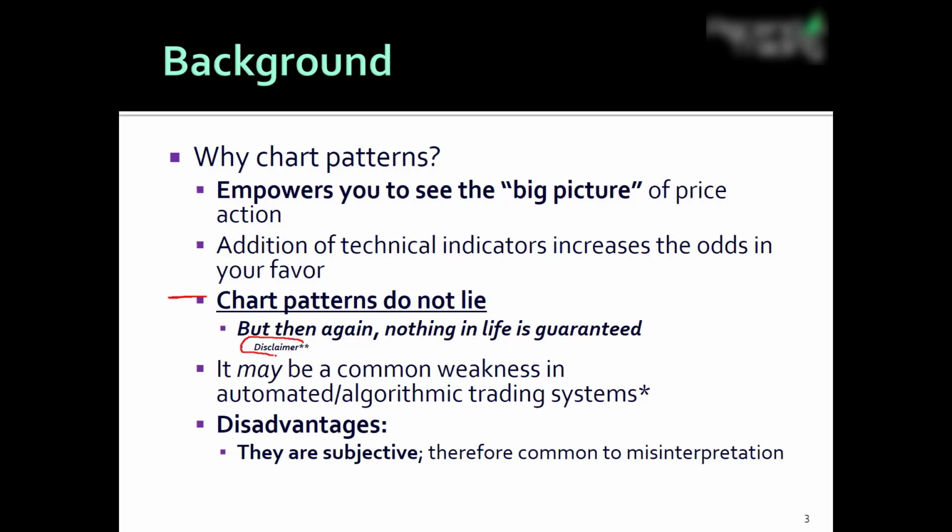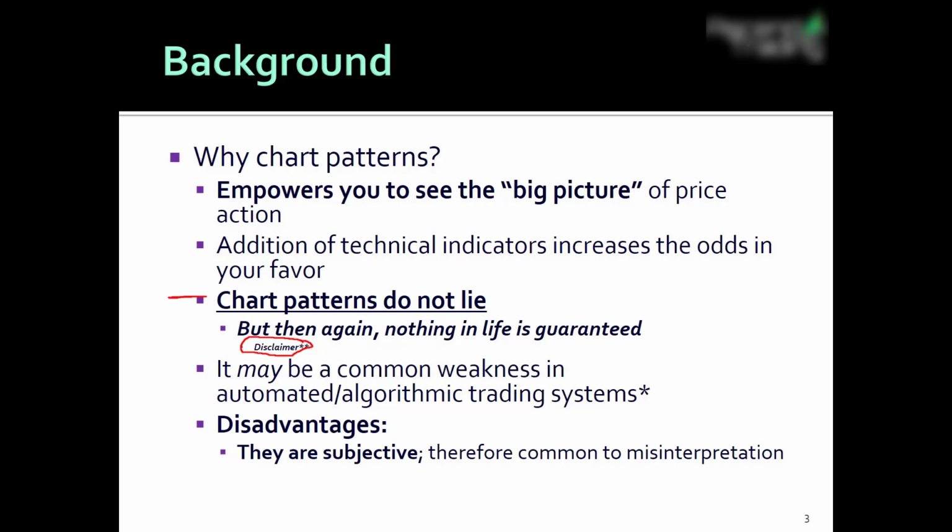That's why you'll see these little fine prints right here. It may also be a common weakness in automated or algorithmic trading systems. However, don't take it literally, as there's not enough substantial evidence to back up this claim.